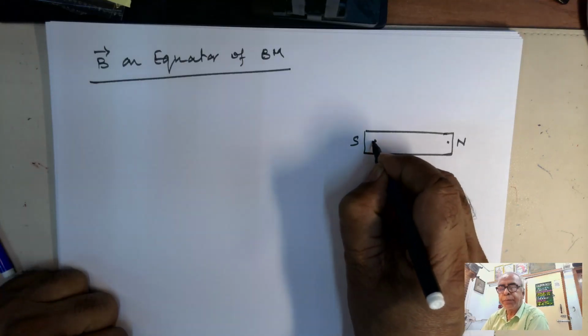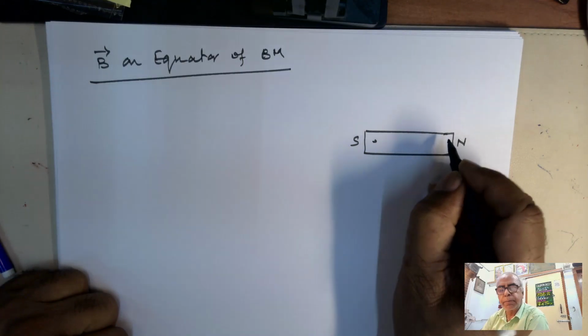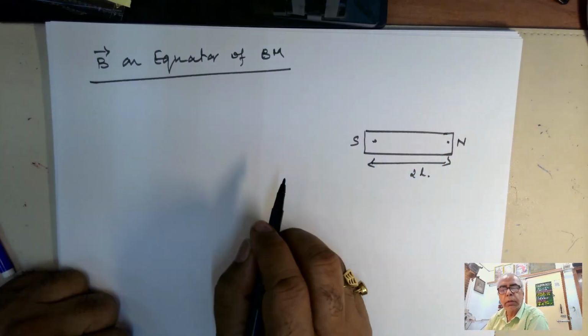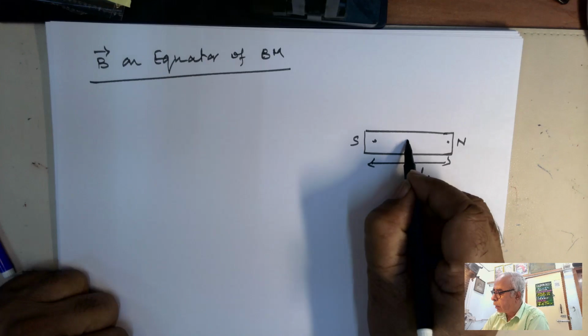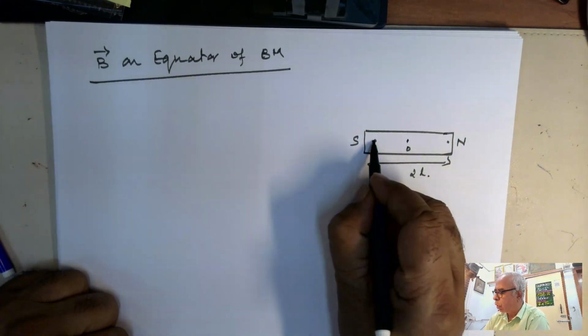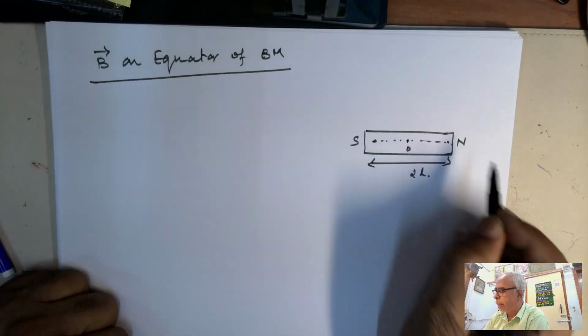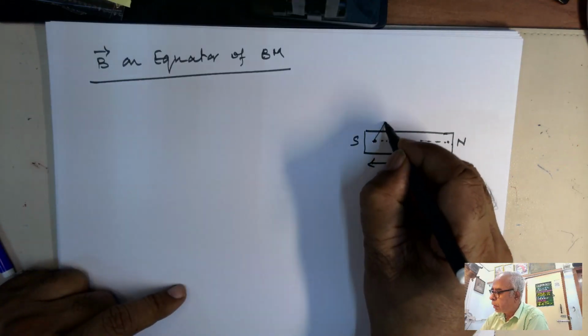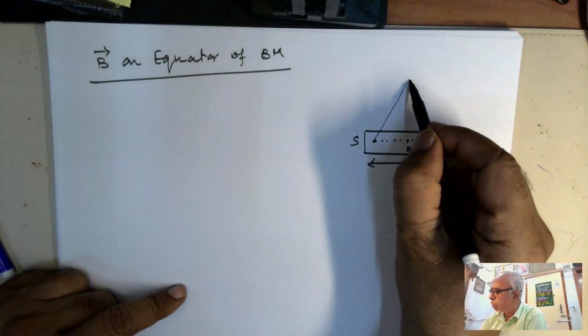Now let us consider the distance between them is 2L, and the center of the magnet O, this is the magnetic axis. Now it is equatorially positioned like this.